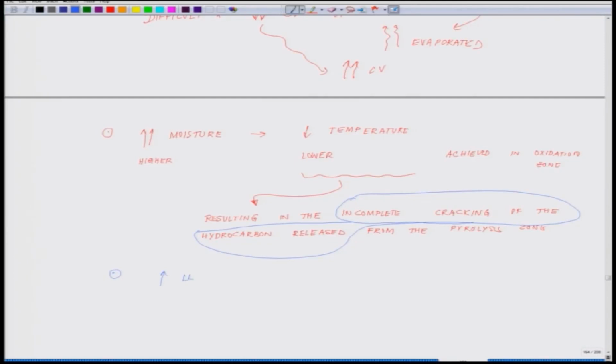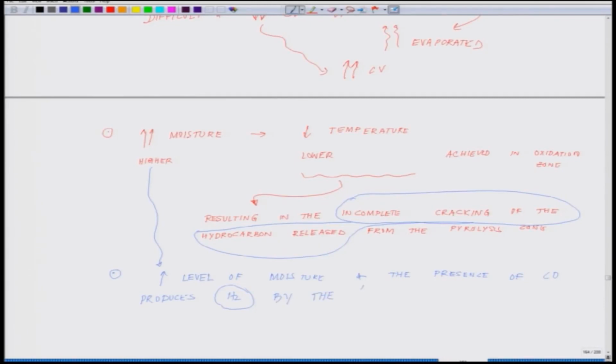A higher level of moisture and the presence of carbon monoxide produces a lot of hydrogen into the system.